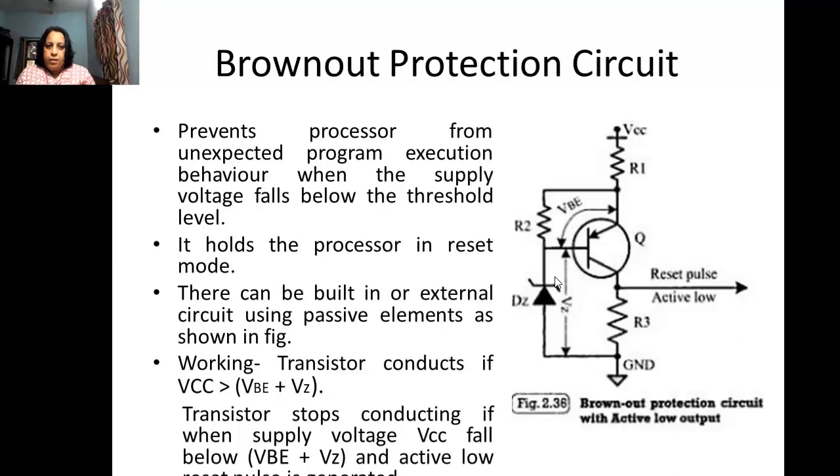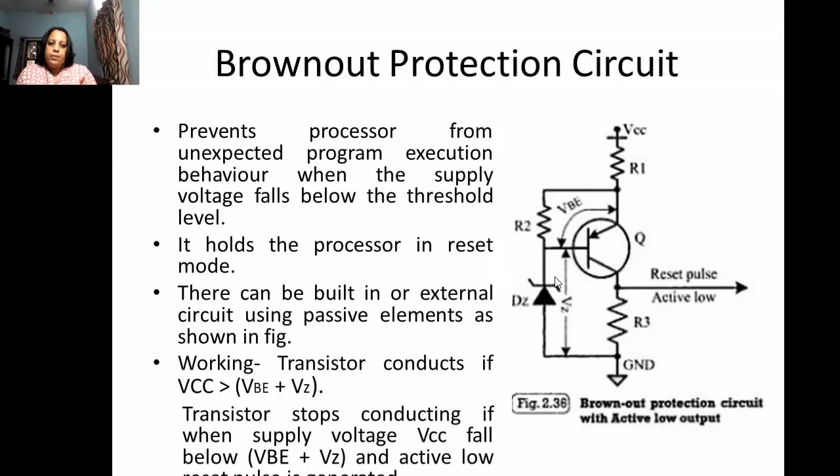To prevent the processor from going into this unexpected program execution mode, whenever the supply voltage falls below the threshold level, the brownout protection circuit comes into the picture. It gives the processor a reset pulse, or holds the processor in reset mode, if the supply voltage falls below the threshold level.